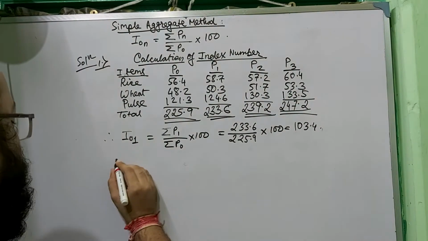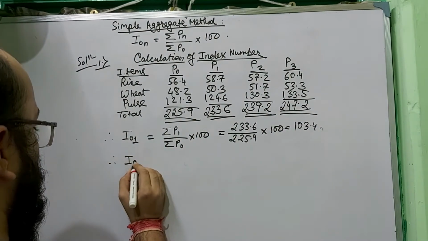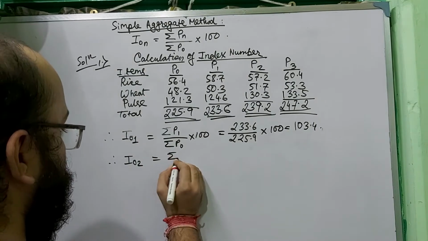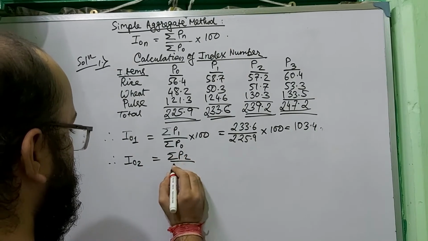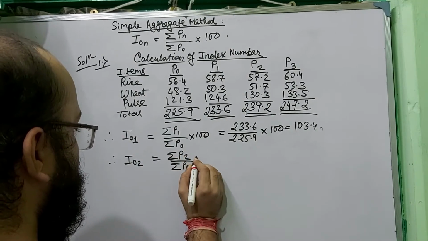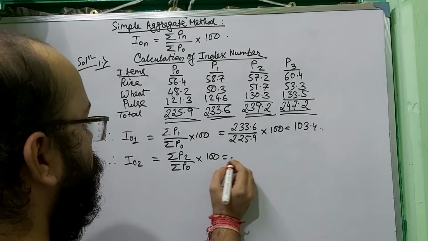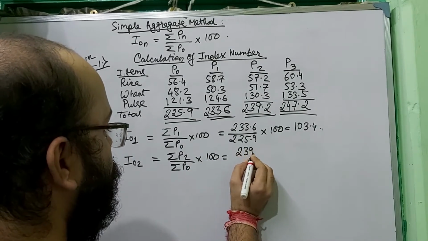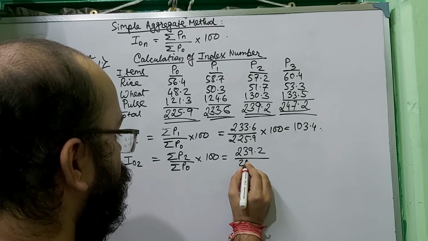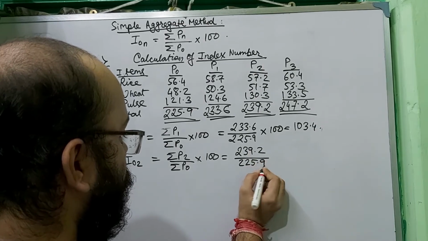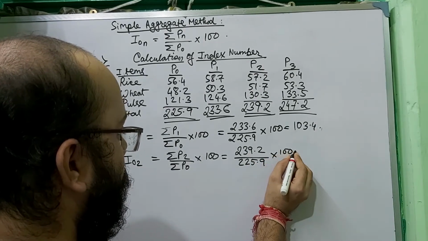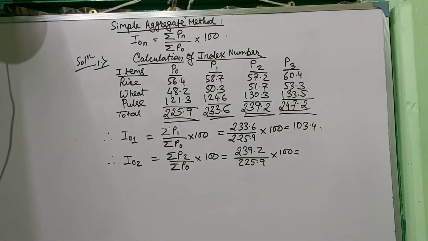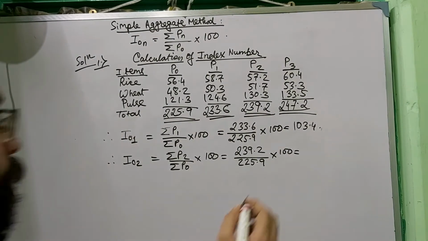Similarly, we have to do for I02: 239.2 by 225.9 into 100 is 105.9.